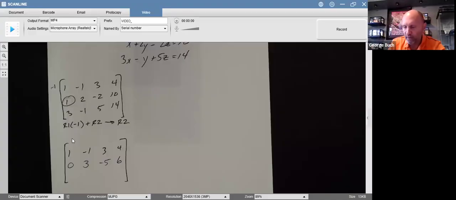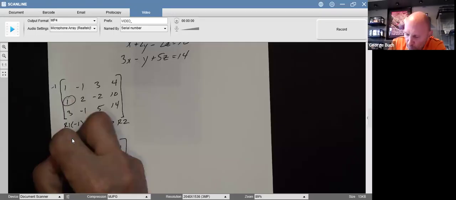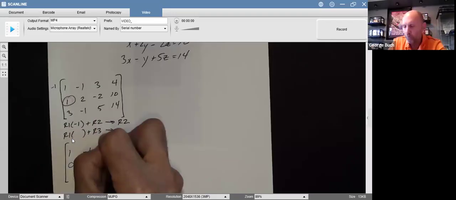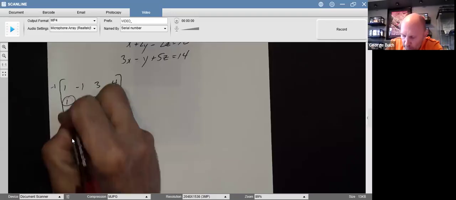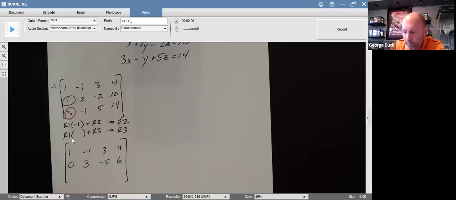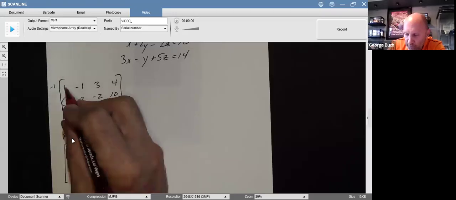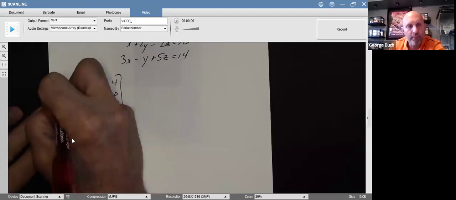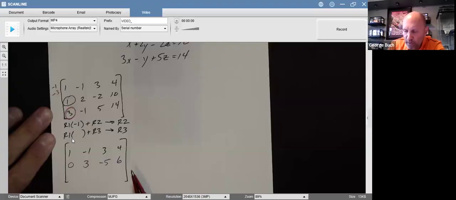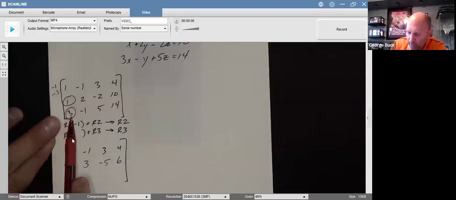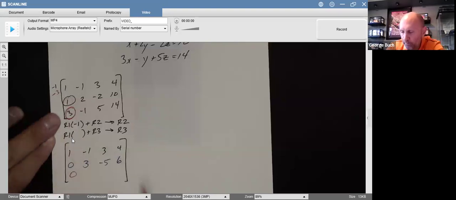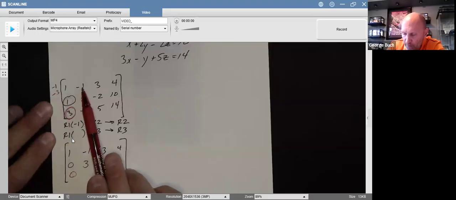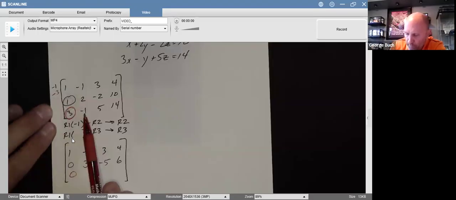Now we're going to do the same thing again, but now we're doing row 1 times something plus row 3 to give me a new row 3. So if I want to get a 0 down here in the bottom corner, what do I have to multiply 1 by so that when I add it to 3, I get a 0? Well, that's going to be negative 3. So negative 3 times 1 is negative 3 plus 3 is 0. Negative 3 times negative 1 is plus 3. 3 minus 1 is 2.